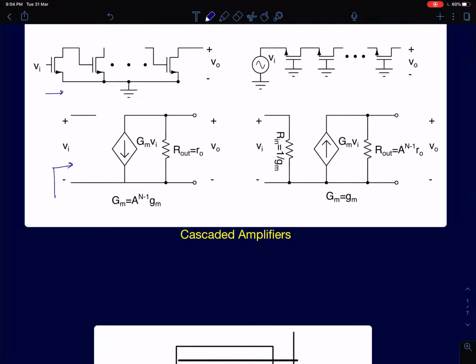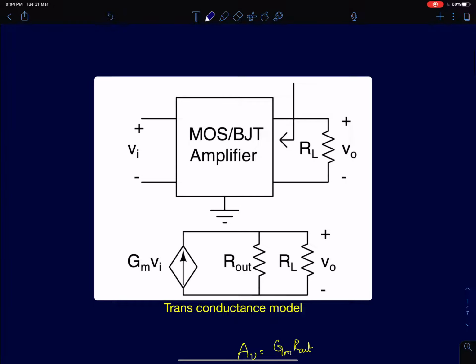And we also discussed that any BJT or MOS amplifier circuit can be represented by an equivalent Norton circuit model, which is nothing but representing the circuit as far as the load is concerned. It can be a circuit comprising a cascade of MOS or BJT amplifier circuits.